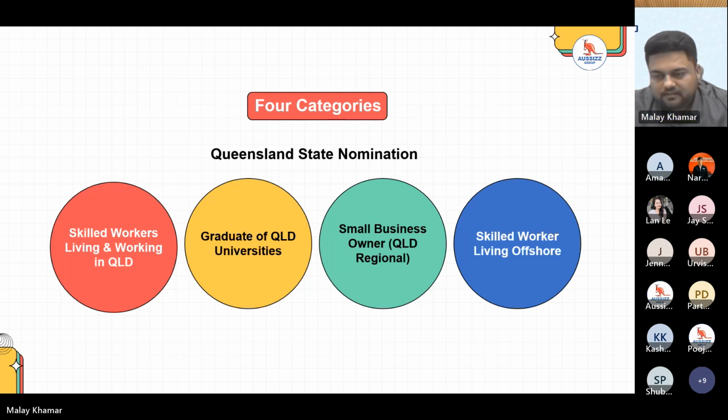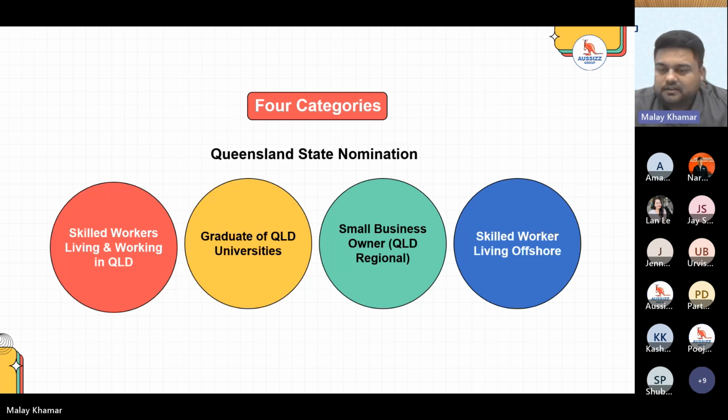The second category is very helpful for graduates who have completed 2 years of study in Queensland, like a master's or bachelor's degree. They are eligible for the graduates category, where I have seen most clients find it a bit more flexible. They are a bit liberal with the criteria for graduates, which we are going to discuss in the upcoming slides as well.